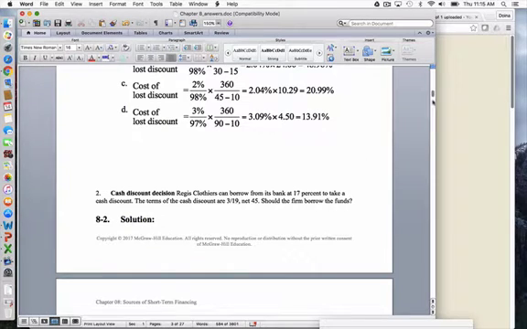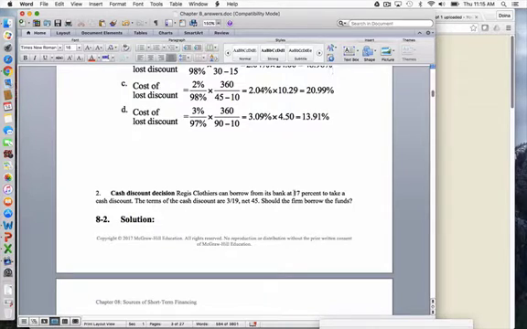This one is a cash discount decision, taking the cash discount or passing, considering also the interest rate you have access to if you decide to borrow the money from the bank. In this application, this business can borrow from the bank at a 17% interest rate. Oh, this is pretty high.